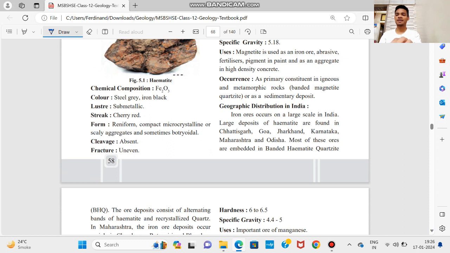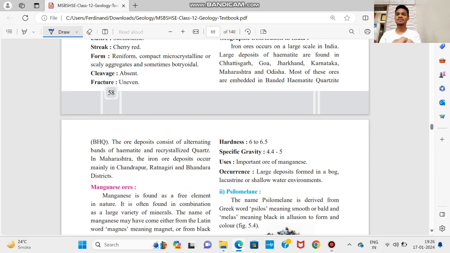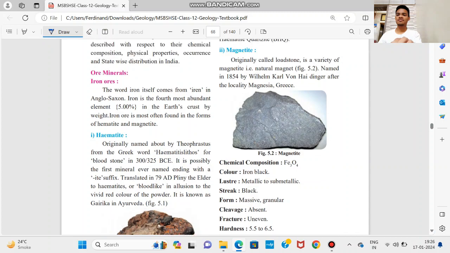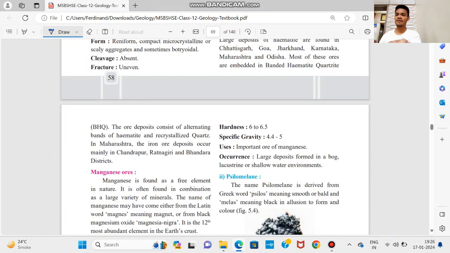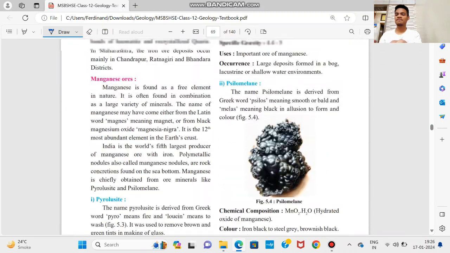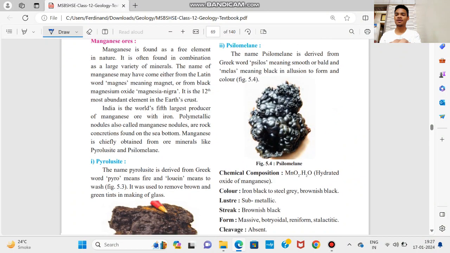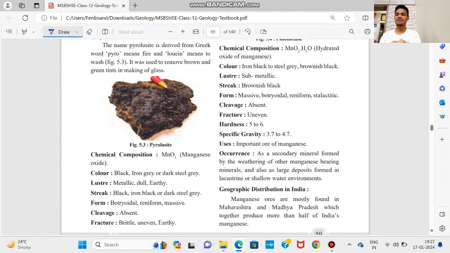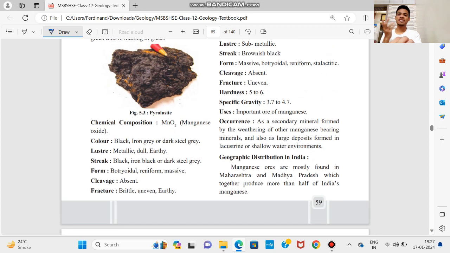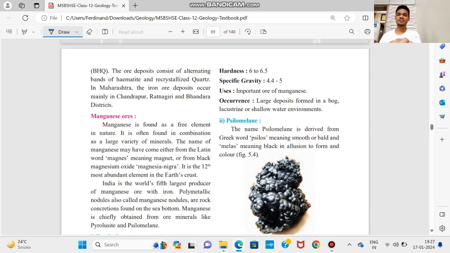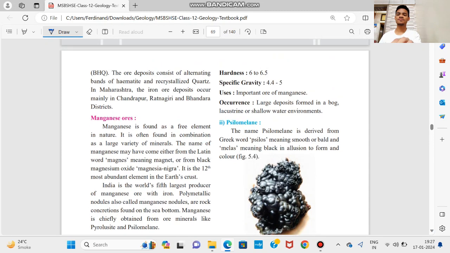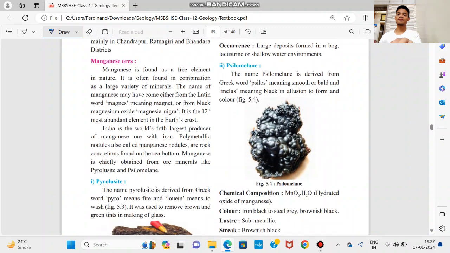Moving on to the next part, manganese ore. Manganese ore consists of two, that is pyrolusite and psilomelane. Pyrolusite has the chemical composition as I told. Remember, the form is very important in each one: botryoidal, reniform, massive, cleavage. Then uses also are very important. Psilomelane, the same: the chemical composition, the form, the hardness, uses, where it occurs, and the geographic distribution.